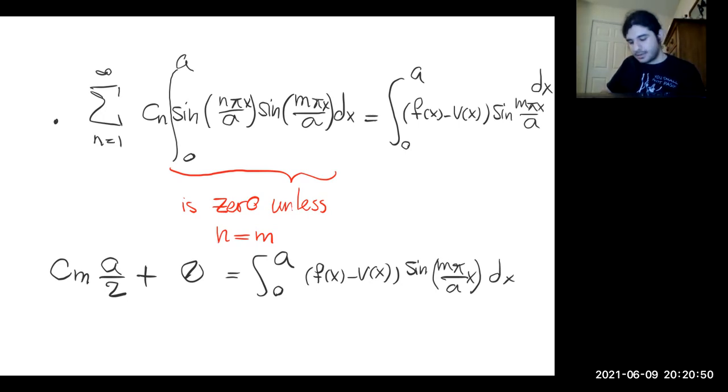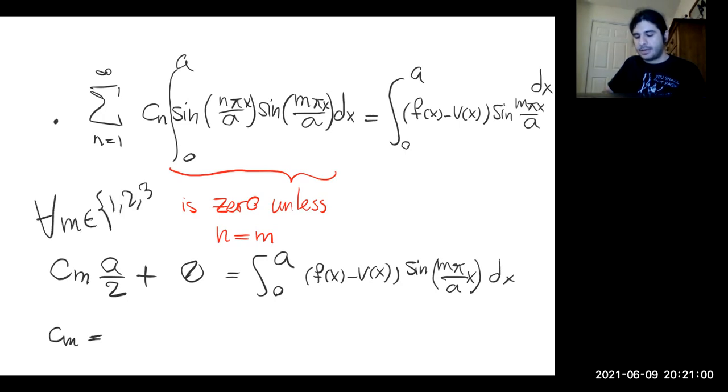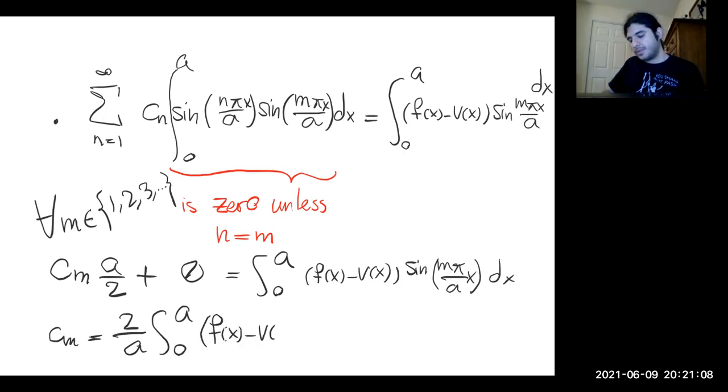Well, that tells us Cm, the thing we were looking for. For any m, 1, 2, 3, etc., Cm is equal to 2 over a times the integral from 0 to a of f(x) minus v(x) times sine of m pi x over a, dx.